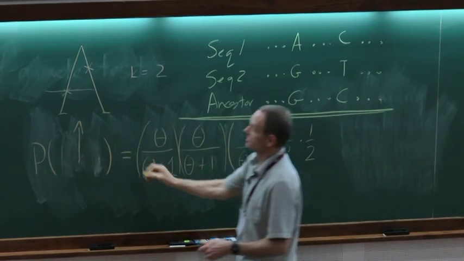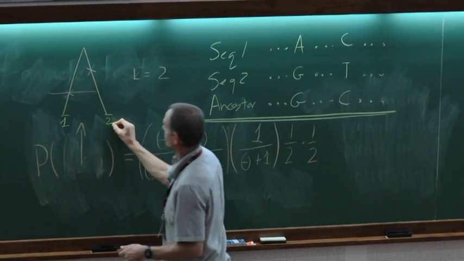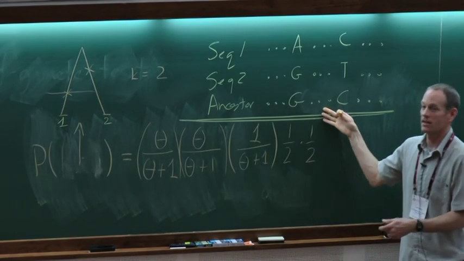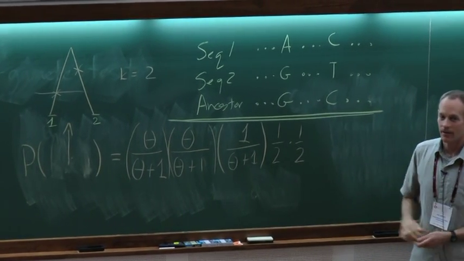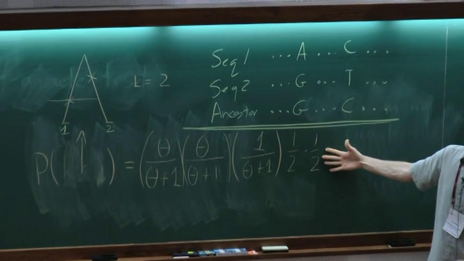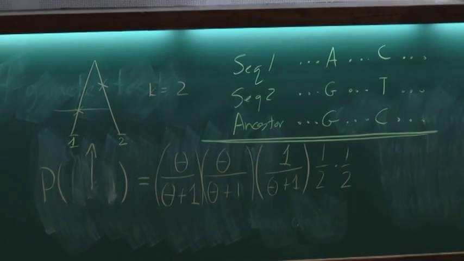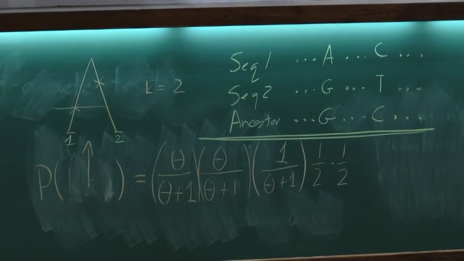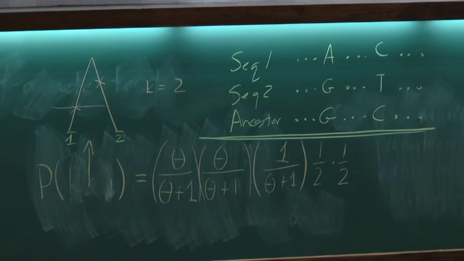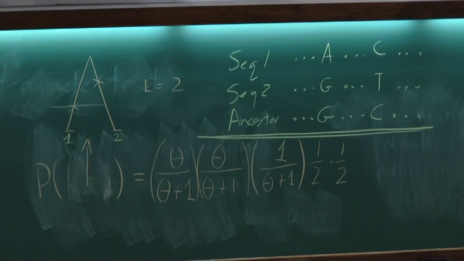Where this is sequence 1 and sequence 2. And I know the ancestor. And this would be the probability of it. This is a hard problem, especially with 3 sequences, but try your best.